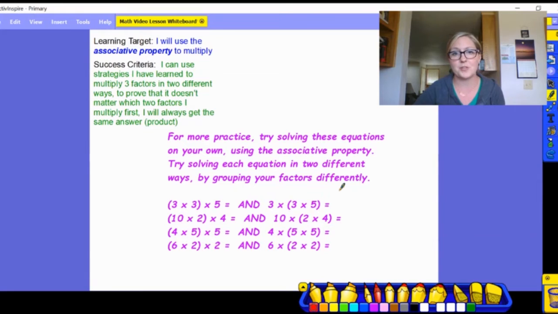So just remember all those other strategies we've been using, count bys and repeated addition and drawing arrays in equal groups. And make sure that you are working these out on paper or having somebody at home check you so that you can feel successful.